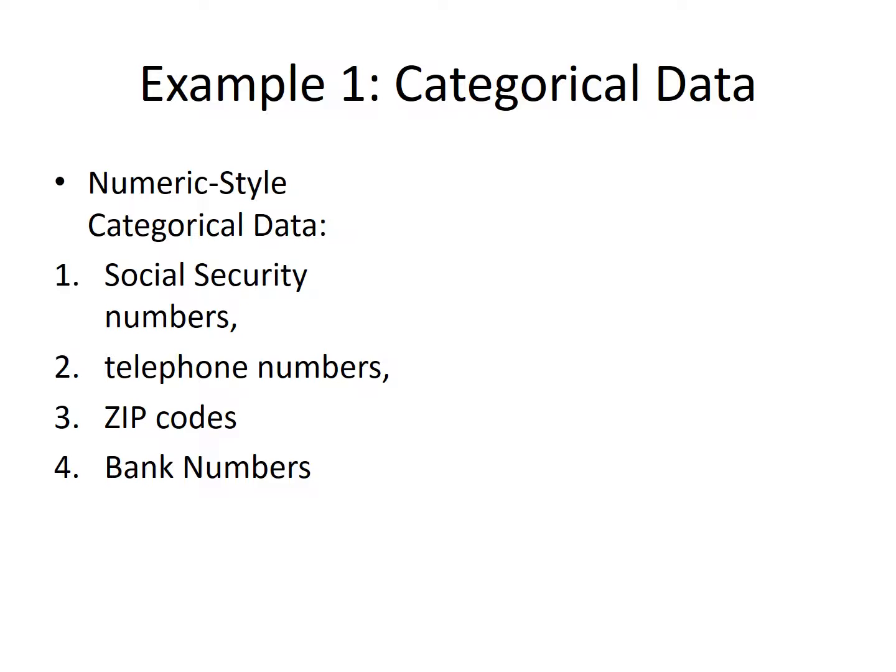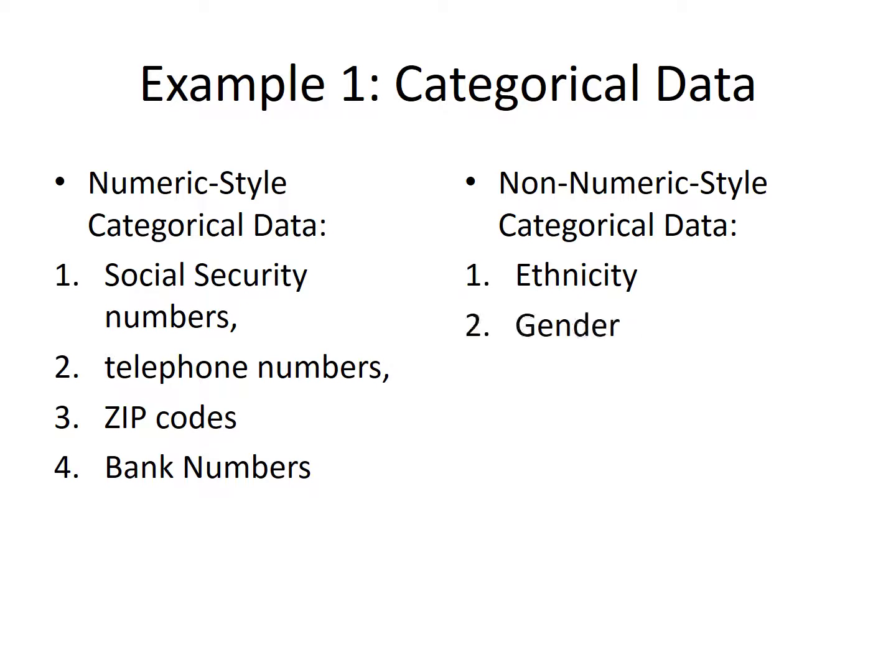They do not represent a measurement or a count of any kind. Some non-numeric styles of categorical data include ethnicity, gender, religious affiliation, or a make of a car.